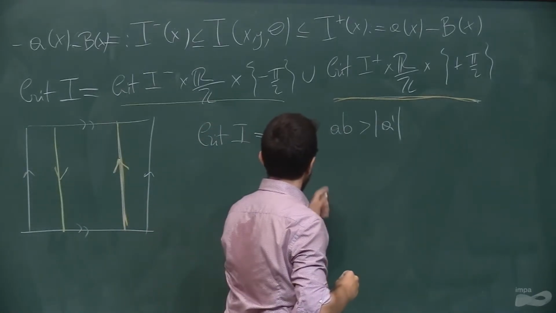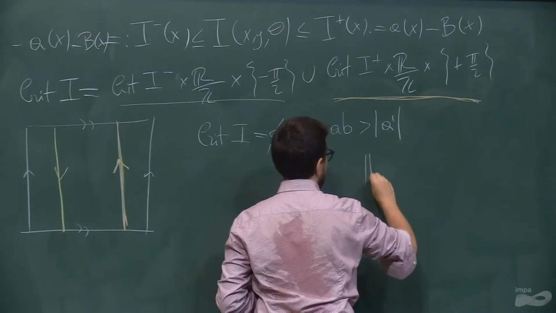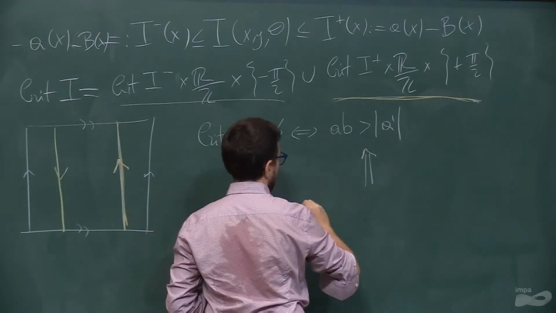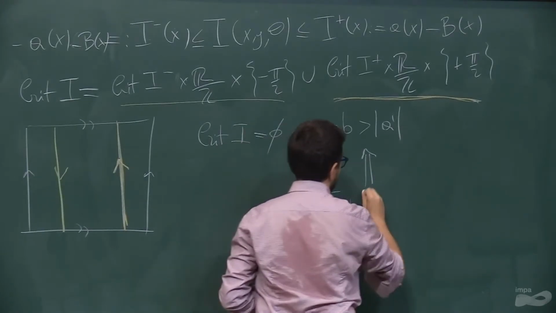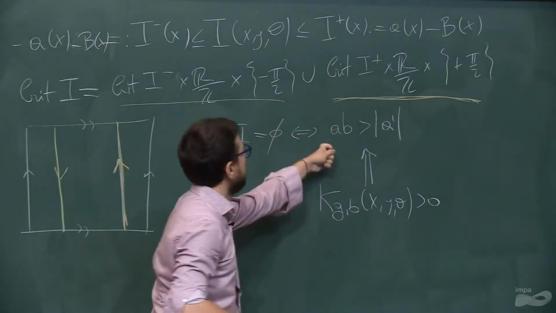And this can also be understood in terms of a quantity called the magnetic curvature. So if the magnetic curvature is positive, then we have this condition.